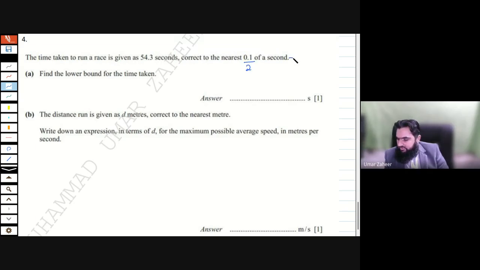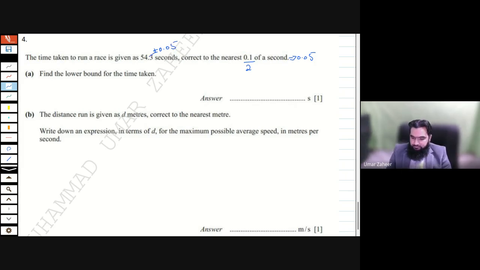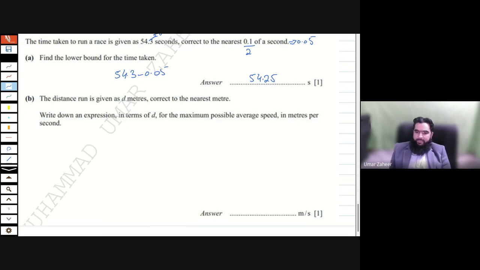Divided by 2, that will be 0.05. So plus minus 0.05. Yes, Iman, what is the lower bound for the time taken? 54.25. So we have 54.3 minus 0.05. That is 54.25 seconds.